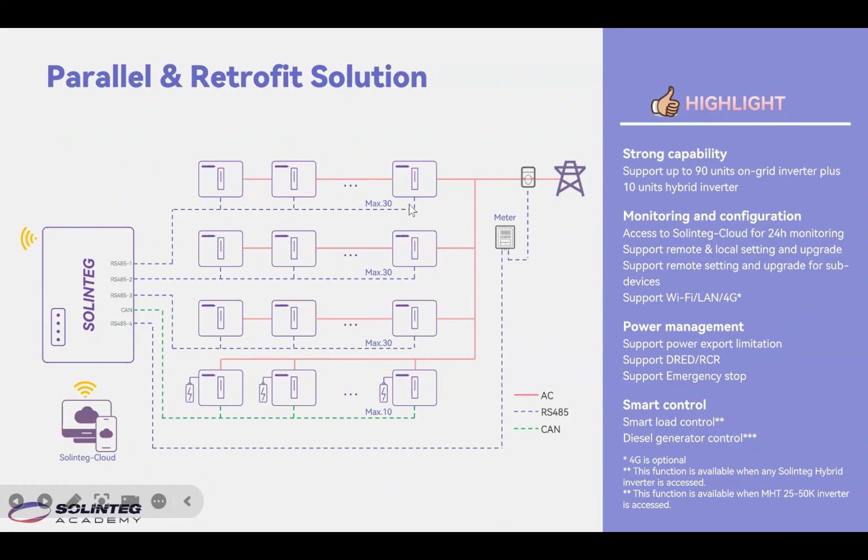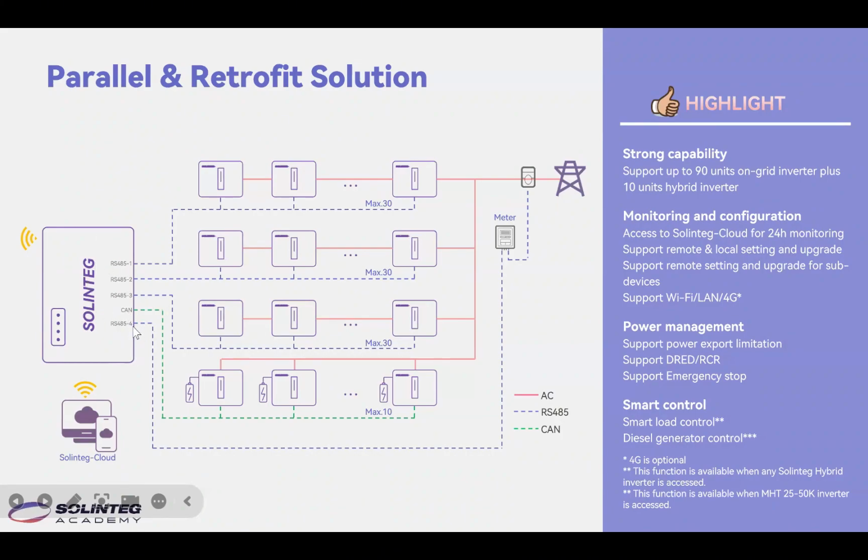It is the communication limitation. Okay, about hybrid inverters. We use the CAN communication to connect up to 10 hybrid inverters in parallel. So in summary, one data logger can connect up to 90 on-grid units and up to 10 hybrid inverter units.